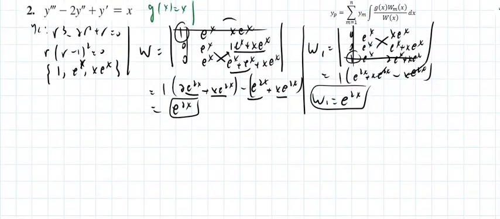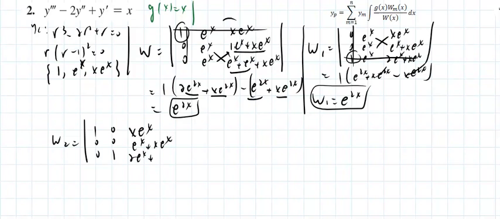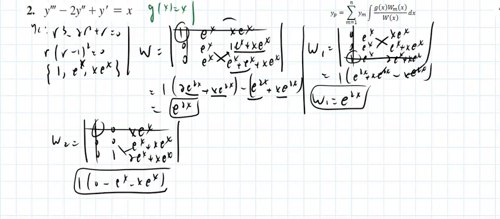And if we go for W sub 2, the first row is 0, 0, 1, and e to the x, x e to the x, e to the x plus x e to the x, 2e to the x plus x e to the x. And if I pick a row or column, let's say I pick this, 1 cross its row and column, that's 0, minus e to the x minus x e to the x, and there it is.